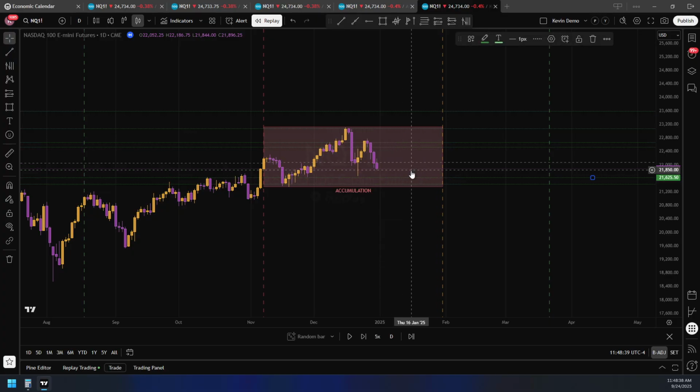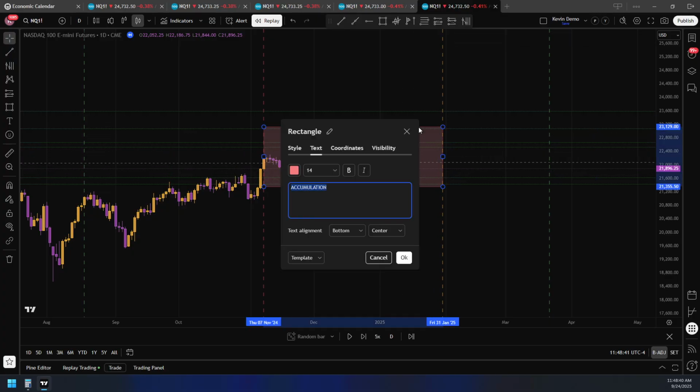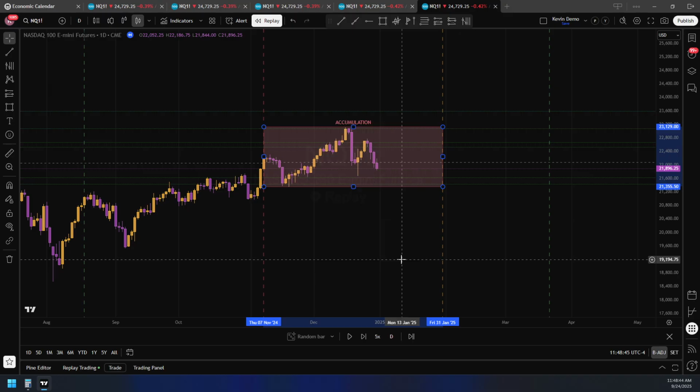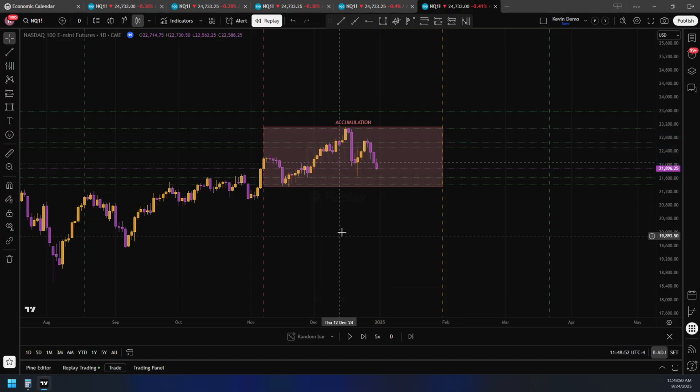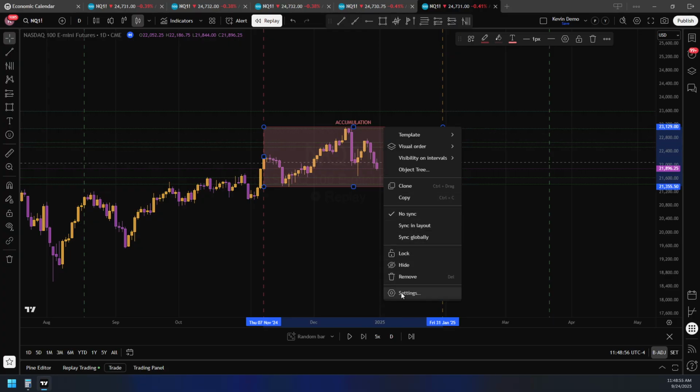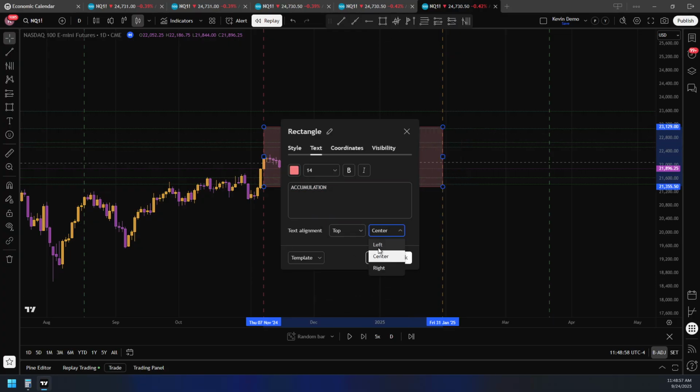Not the horizontal line, the box. Put it up at the top. And how about on the left? No, I don't want it intersecting with price. Put it top left. Yeah, that'll work.